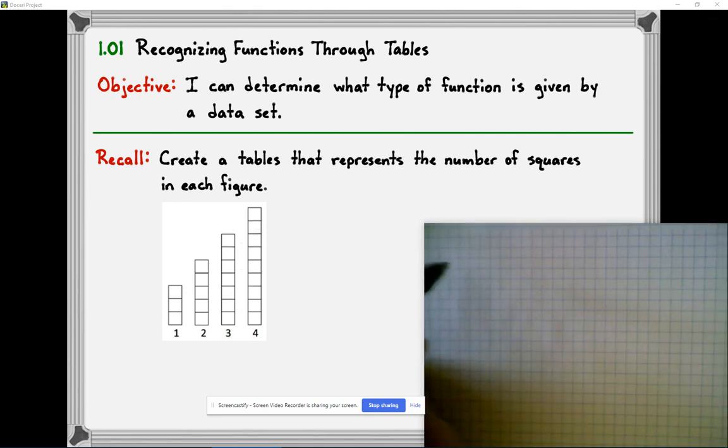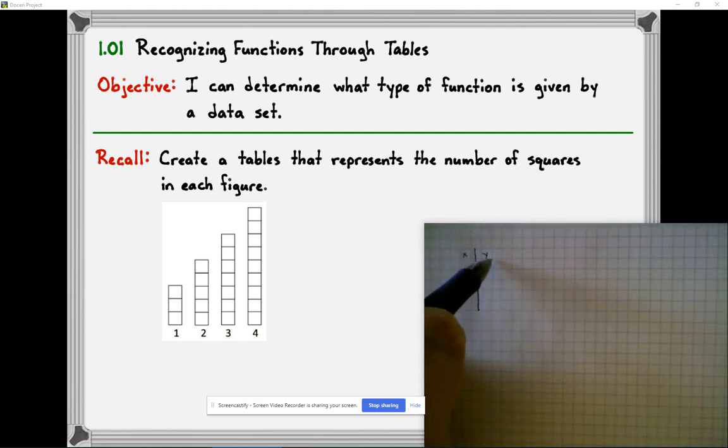So what I'm going to do is create a table of x, y values, I guess you could say. And x is going to represent the step, and y is going to represent how many boxes I have.